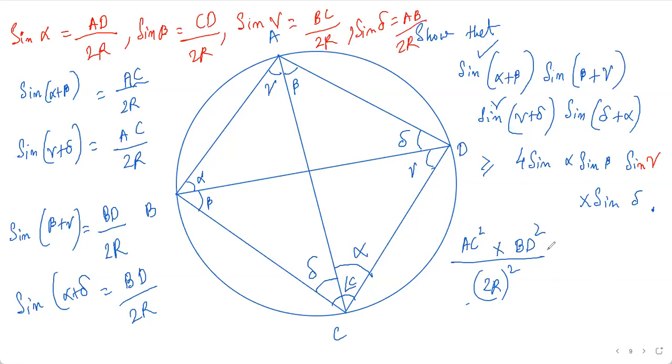So all I have to show is that this is greater than or equal to 4 times AD, CD, BC, AB, each by 2R, to the power 4.